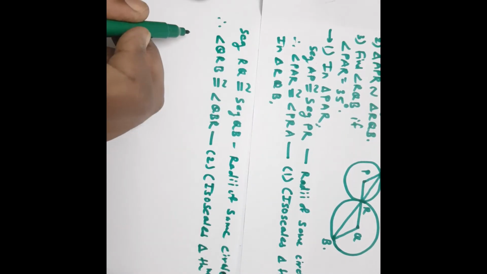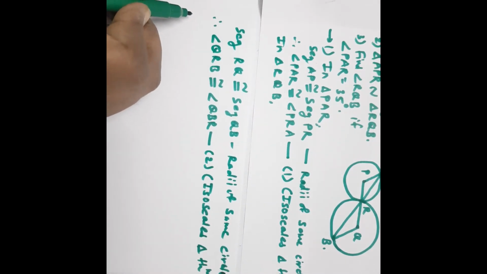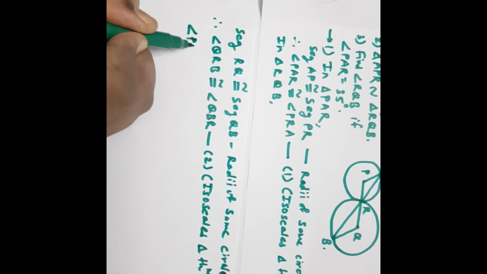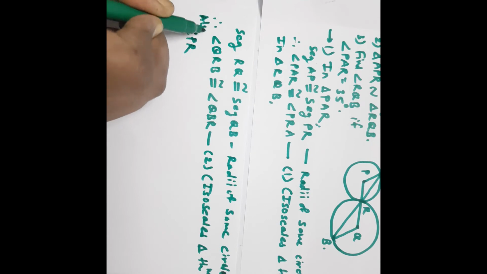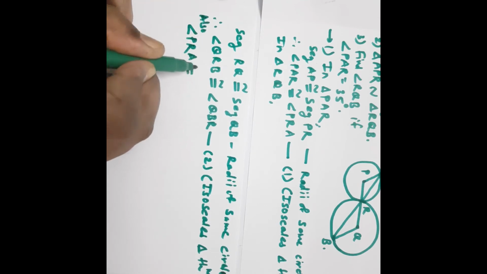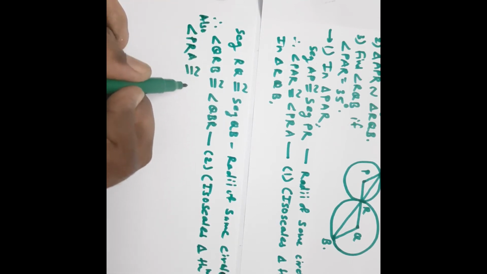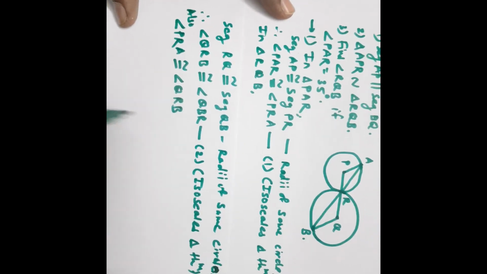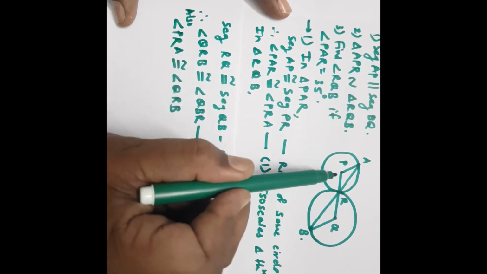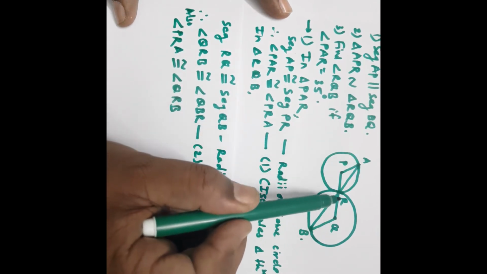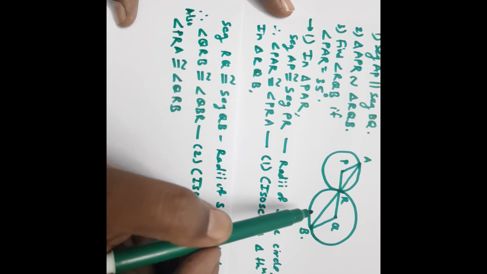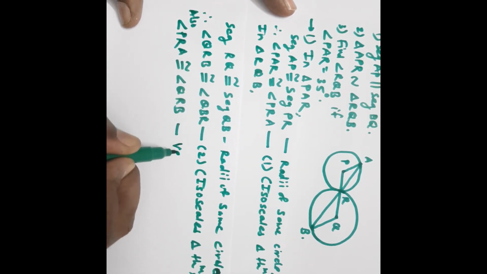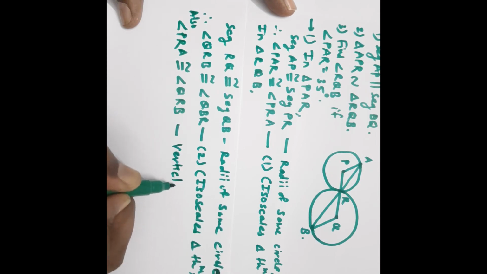Now, angle PRA is congruent to angle QRB. See in this figure, angle PRA and angle QRB are congruent because they are vertically opposite angles.